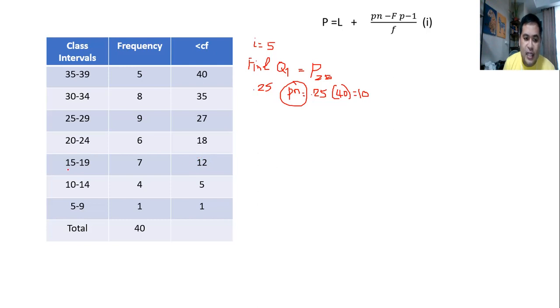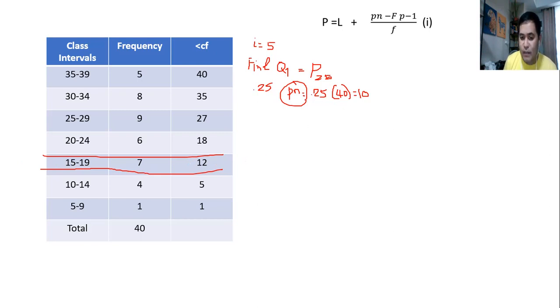So that means in the class interval of 15 to 19. So what we usually do is to put a demarcation line. These demarcation lines signify that this is the percentile class.